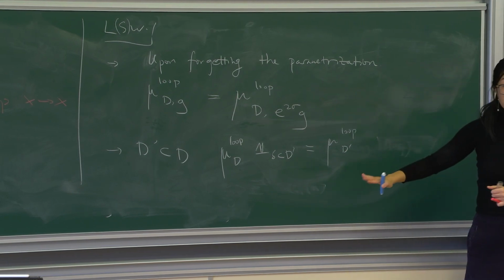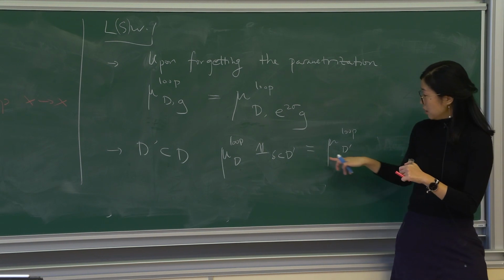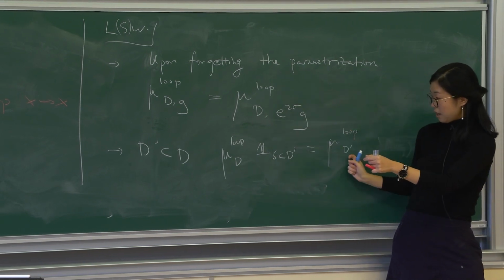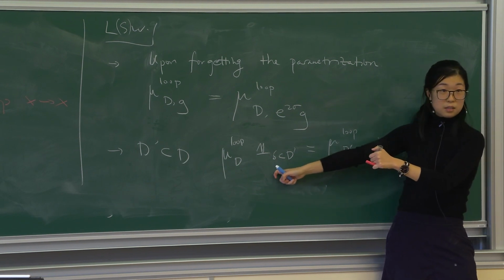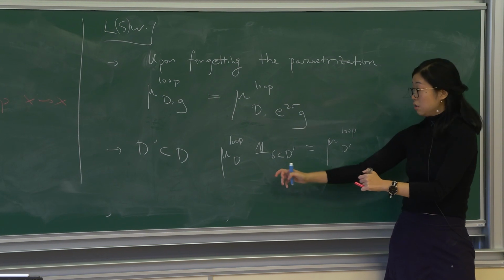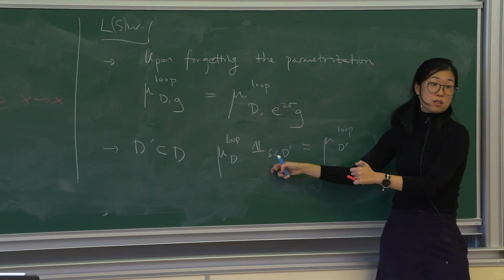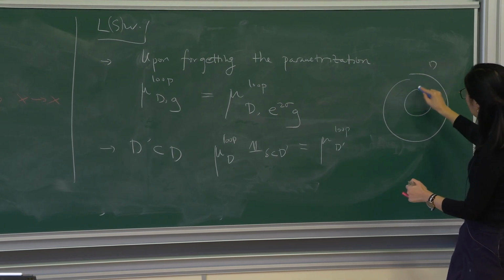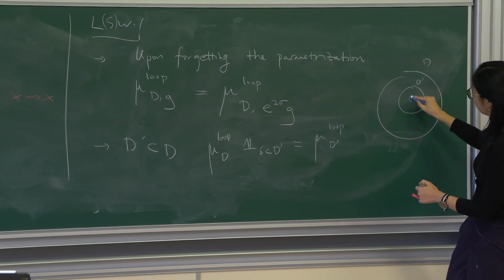Just as when you define the loop measure in D prime, you run a Brownian motion and throw it out if it hits the boundary. Here as well, if I make the domain smaller, I can just throw away those loops that touch the boundary of D prime.